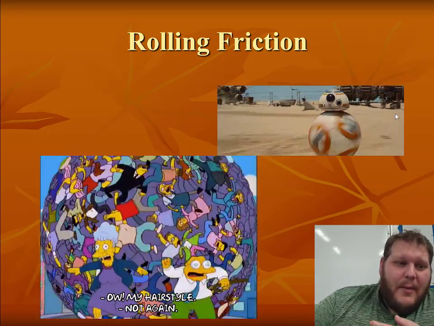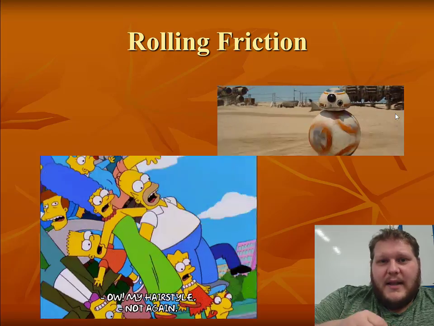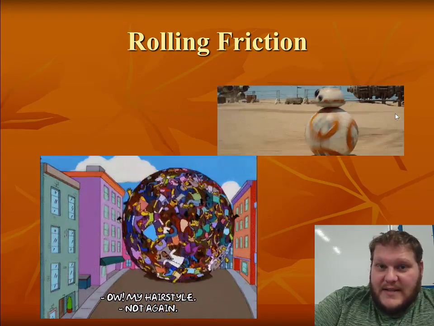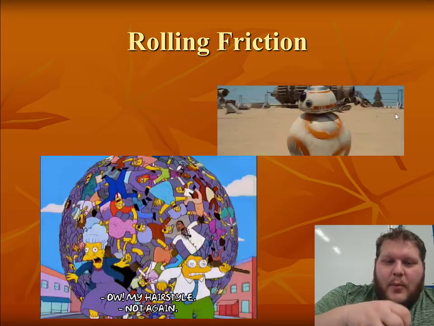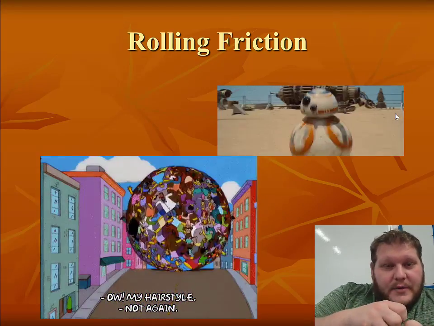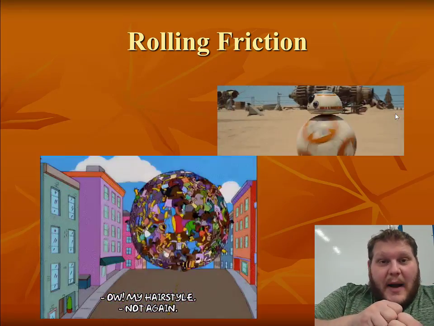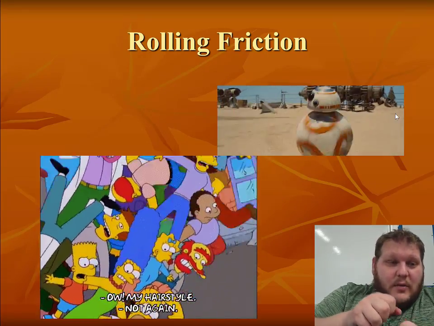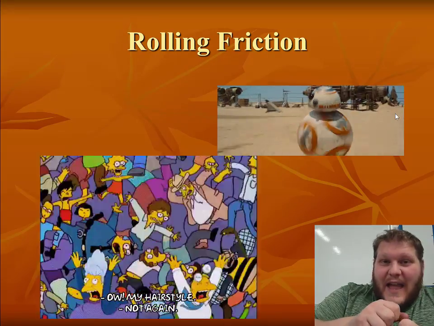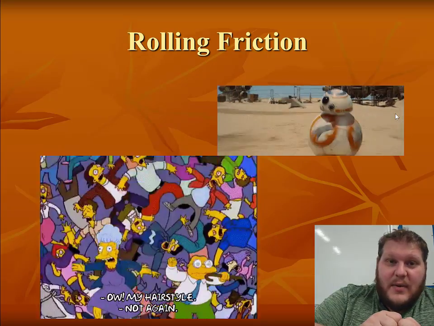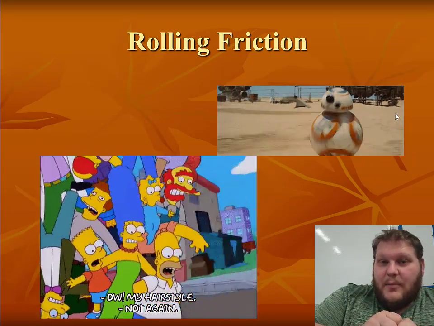But what's actually happening here is the point that the ball or the object, the rolling pin, the cylinder, whatever it is that's rolling, on that point where it interacts with the ground, the tabletop, whatever it is, there's actually a little bit of attraction between those different molecules and those different atoms to want to stay together. And that is a very small coefficient compared to sliding friction or air resistance, depending on the kind of rolling that's happening.